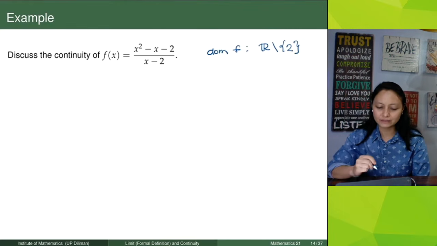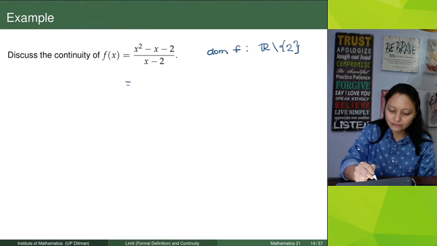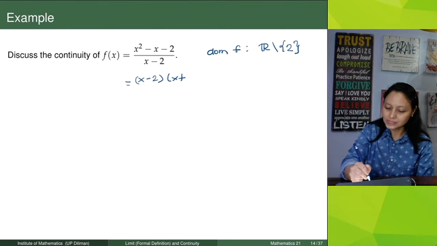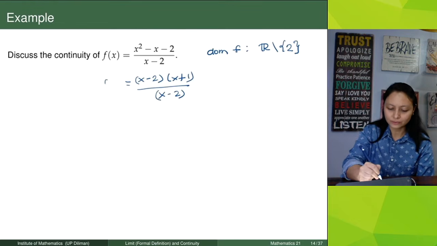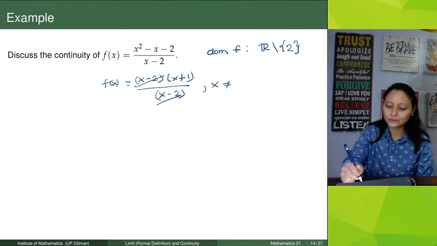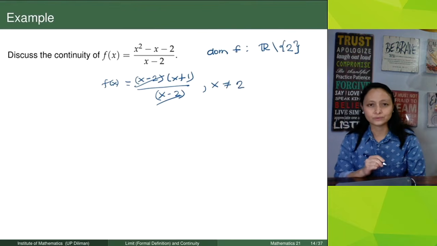Okay, so that's the domain of f. Take note, yung f of x can be written as x minus 2 times x plus 1 all over x minus 2. You can cancel, pero hindi pa rin pwede yung x equals 2.